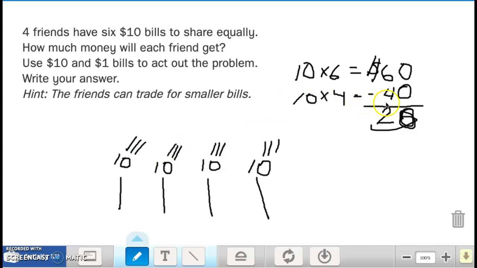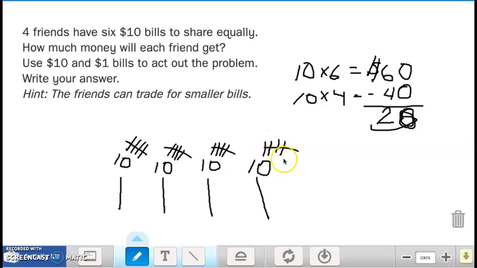Remember, we're going to 60. 52, 53, 54, 55, 56, 57, 58, 59, 60. So how many $1 bills would they get?